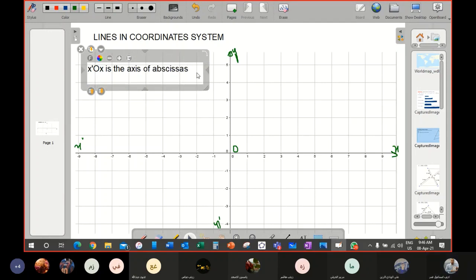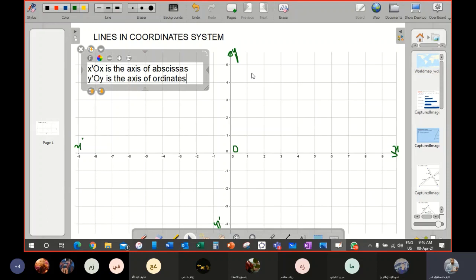And y prime or y is the axis of ordinates. Okay, the arrows here show the positive direction. Okay, this is the coordinate system.